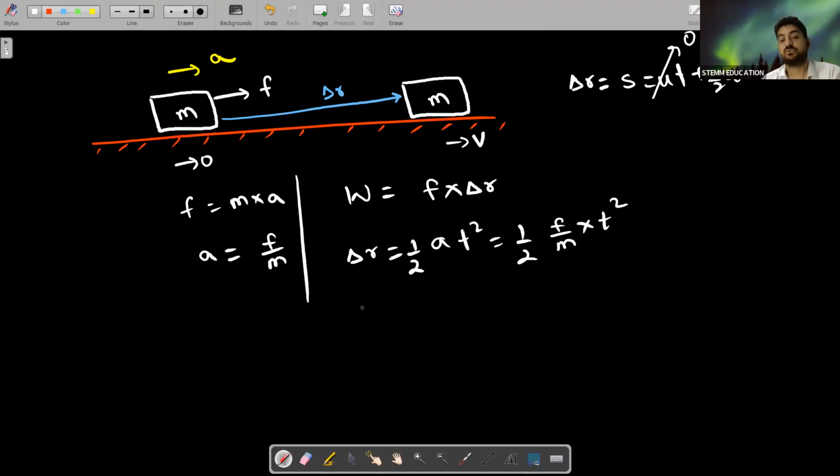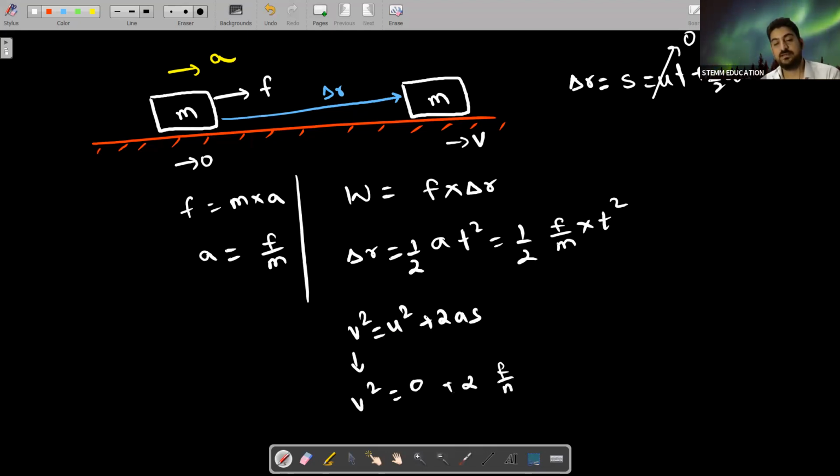Also, we have this equation, v squared is equal to u squared plus 2as. So what is the value of v squared? V squared will be the final velocity, u squared would be 0, 2 times acceleration would be F over m into displacement s, which would be half of F over m into t squared.